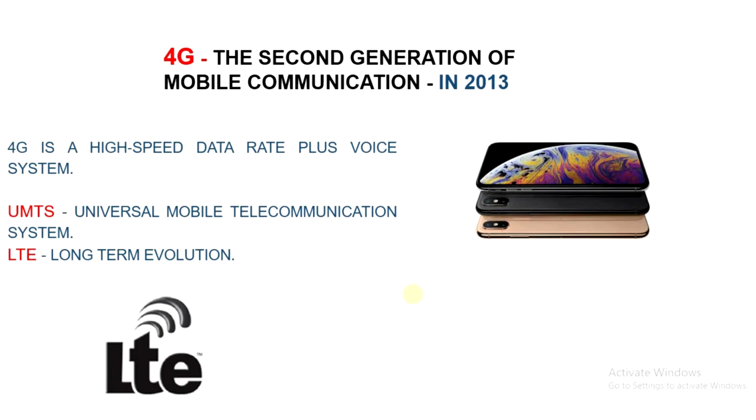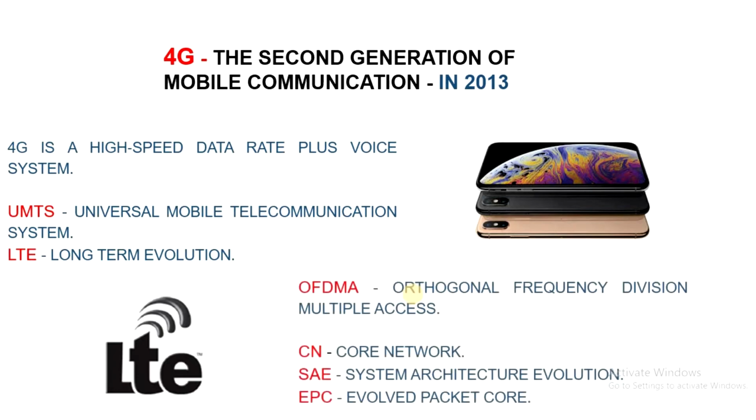It is composed of a new air interface based on orthogonal frequency division multiple access, OFDMA, and a new architecture and core network, the CN, called the System Architecture Evolution, SAE, or Evolved Packet Core, EPC.